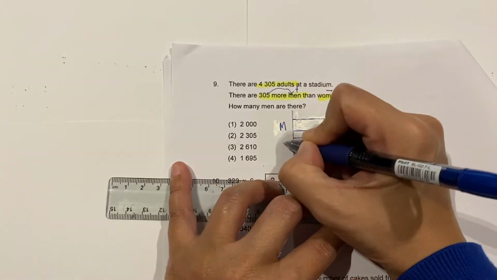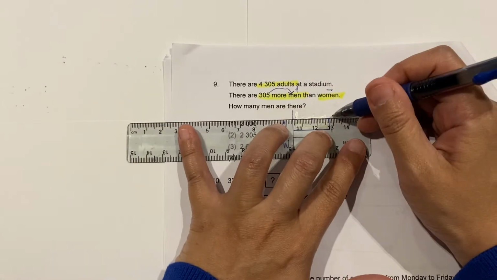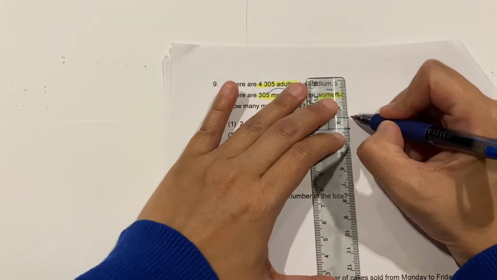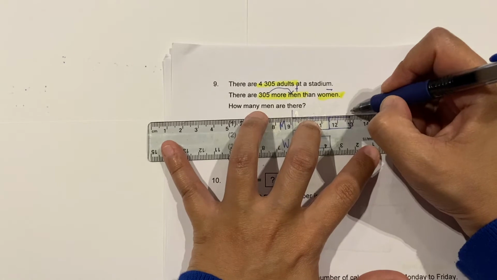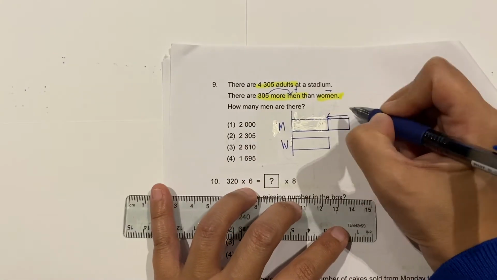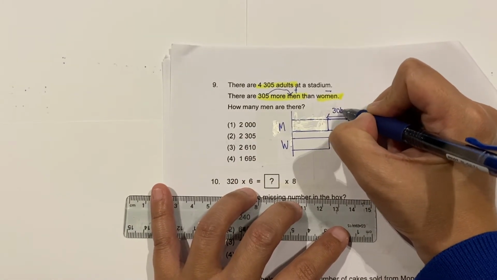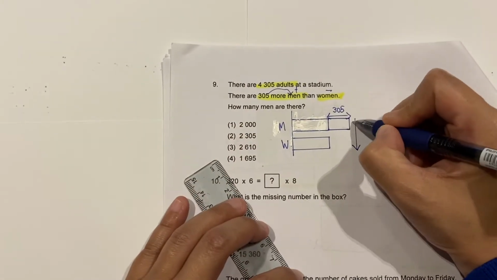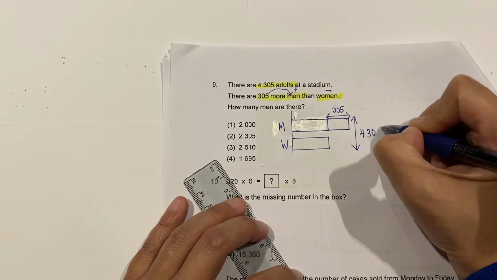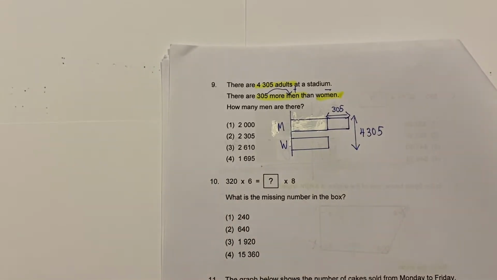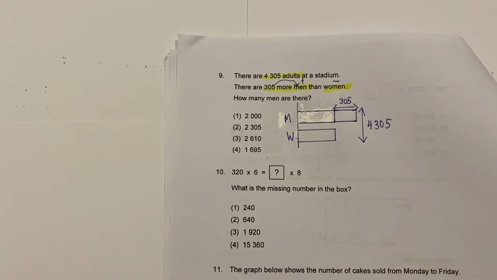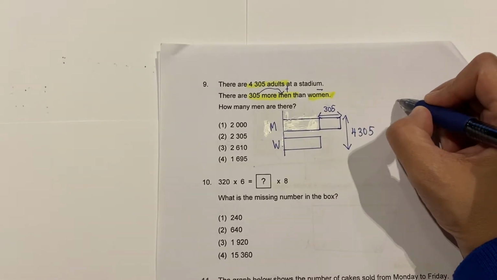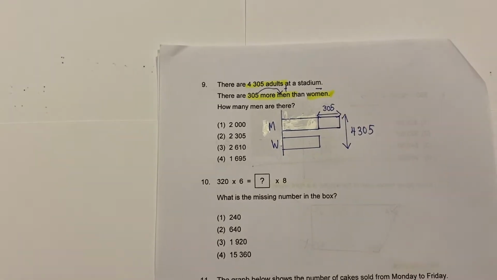Men, women, and 305 more men than women, and the total adults is 4,305. Now this model, it's good to always draw a model so that you can see clearly what's going on, so that you will know what your next step is.